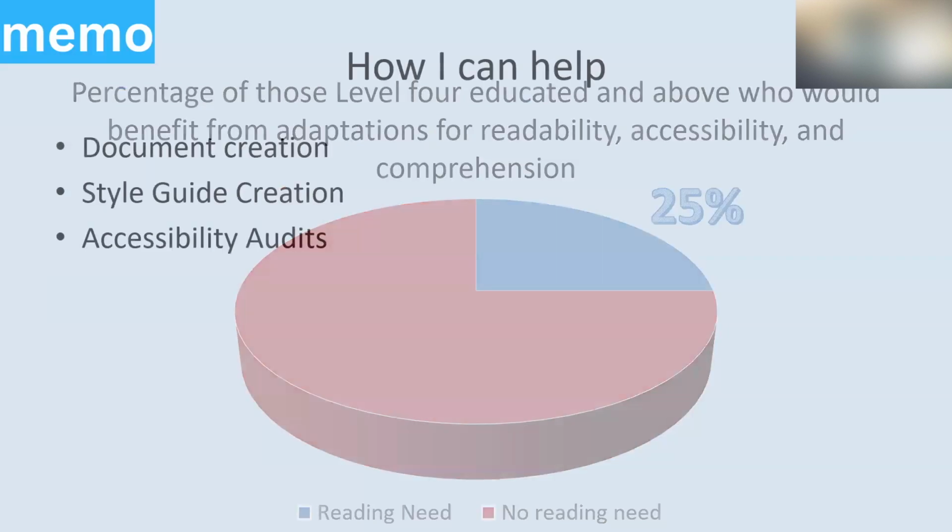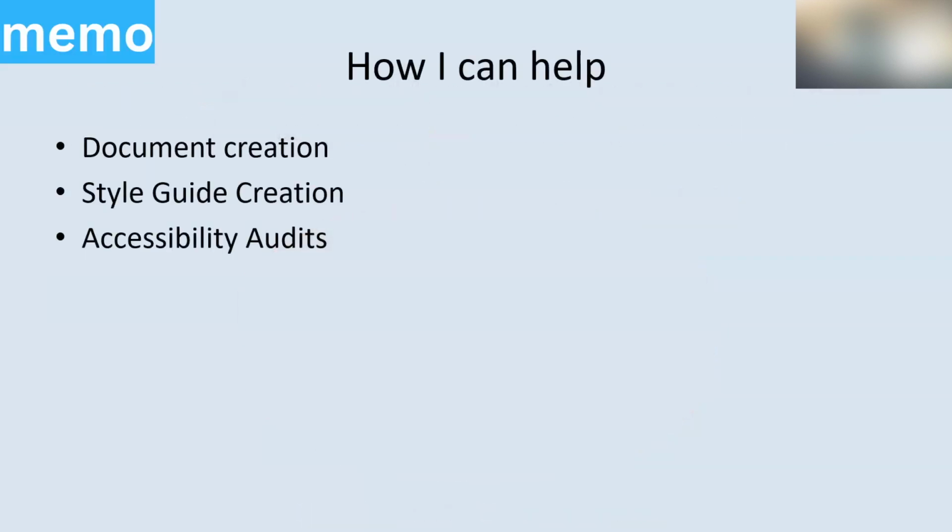So how I can help. Between being a teacher and being in this medico-legal world, I'm used to adapting my lessons for various learning needs, and I'm used to looking at text in a lot of detail. So one of the things I can do is I can help create documents which support accessibility.